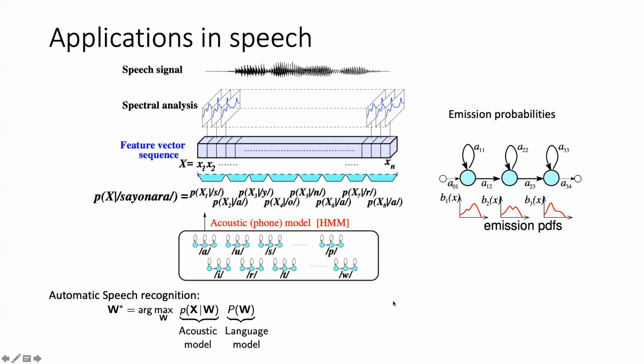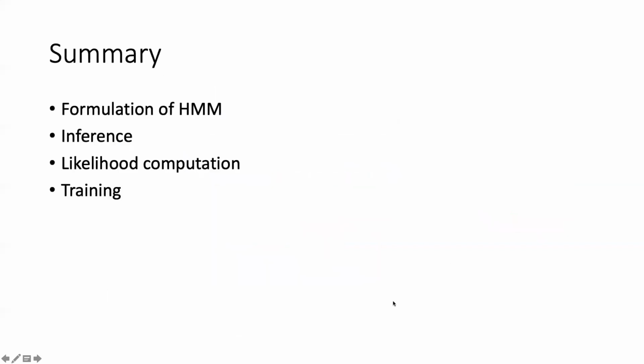That's about speech applications. Let's recap what we discussed so far. First, we considered a simple example of the POS problem, and we formulated it as a sequence learning problem and modeled it using HMM. And then we discussed the problems involved in HMM, starting with the inference problem. In the inference problem, we defined delta parameters, and using dynamic programming, which is also known as the Viterbi algorithm, we performed inference efficiently.